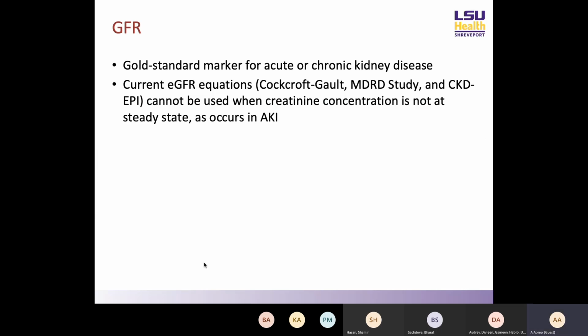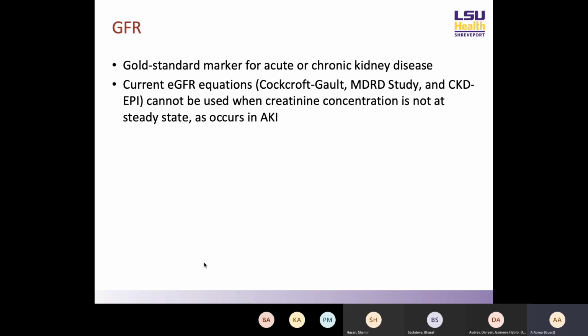Of course, GFR is the gold standard marker for acute or chronic kidney disease. But we have to be cautious with the estimated GFR that we get from the lab panel, especially when we're dealing with AKI, because you have to remember that it is not really useful when the creatinine concentration is not in steady state.